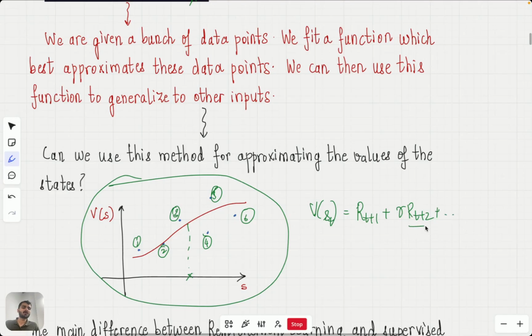Now these are the rewards, and gamma is the discount factor. But unless I interact with the environment, how do I estimate these rewards? And this is also a stochastic problem, which means that every time you interact or be in this state, you might get different rewards. So you have to calculate an average of all the cumulative rewards you get in the future.